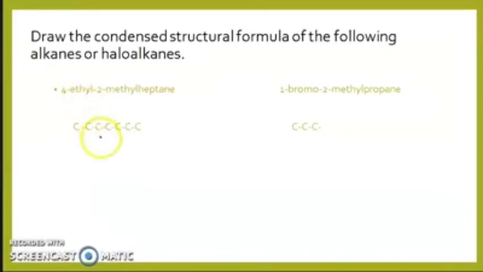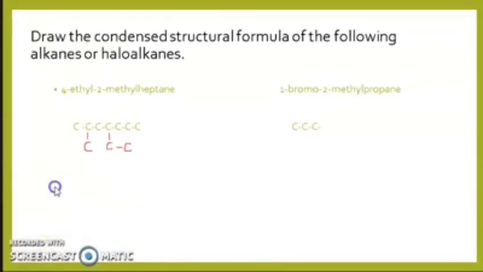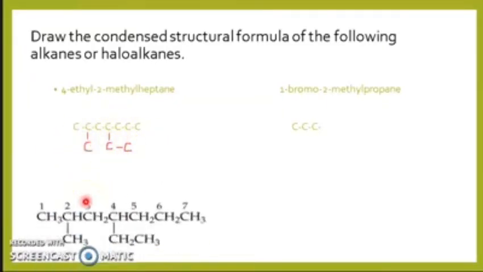From the 4th carbon, we have to connect an ethyl group, which is 2 carbon atoms. And from the 2nd, we're going to draw 1 carbon atom as a branch to represent the methyl. And therefore, the formula would look like this, and we have to fill it with hydrogen atoms when we finish.